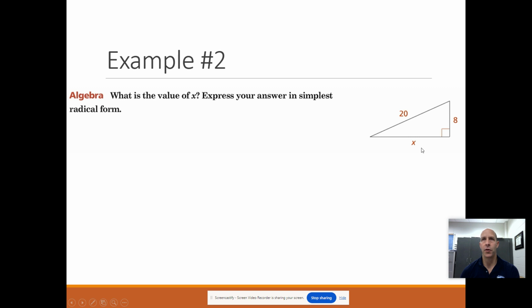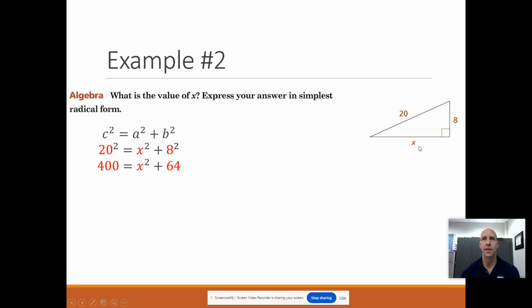Example 2, we've got another triangle, but notice now, instead of needing to find the hypotenuse, we're going to have to find one of the legs. Here it says to express our answer in simplified radical form, so that's the reason I'm throwing this example in here. Again, we use the Pythagorean theorem. We substitute 20 in for c because we know the hypotenuse length.